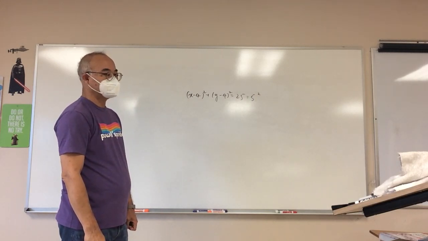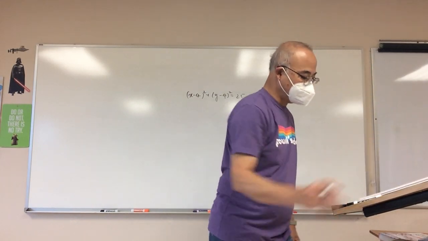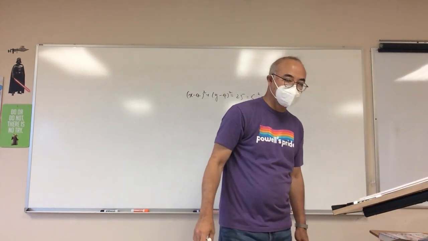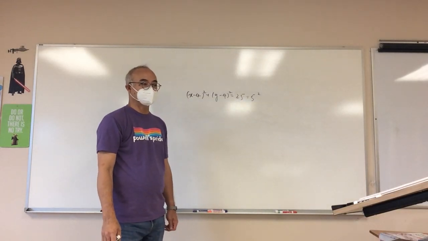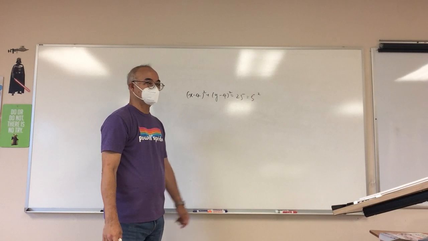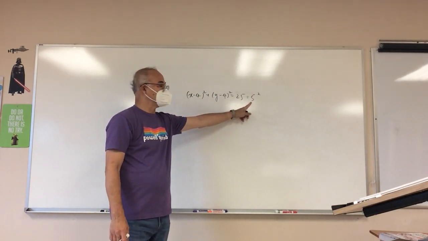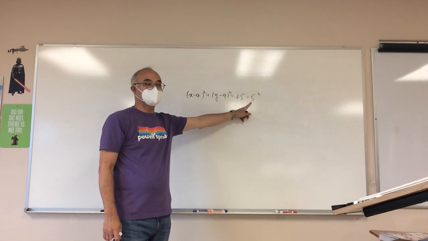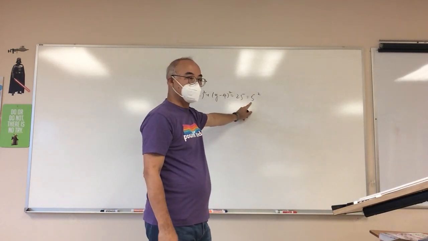Number 22 on page 395. It's just 5, right? Because this is r squared.